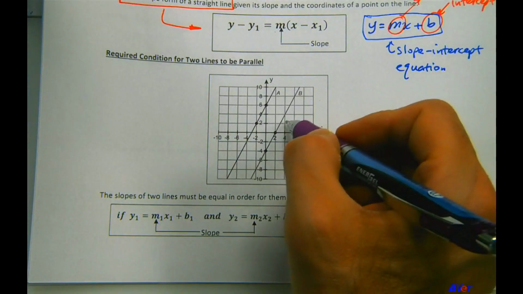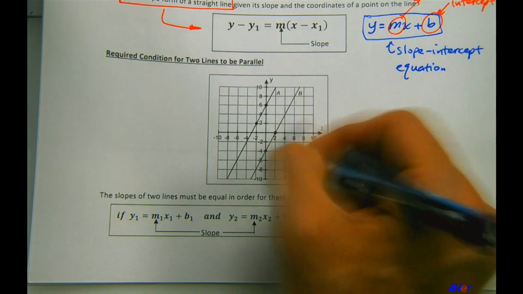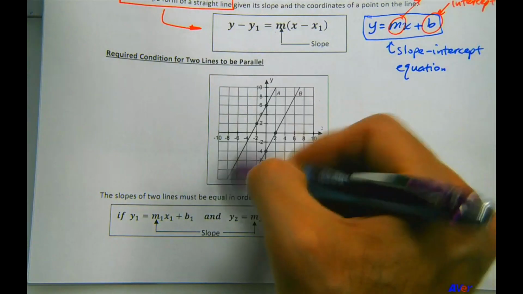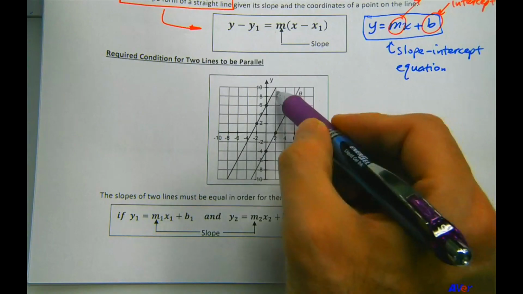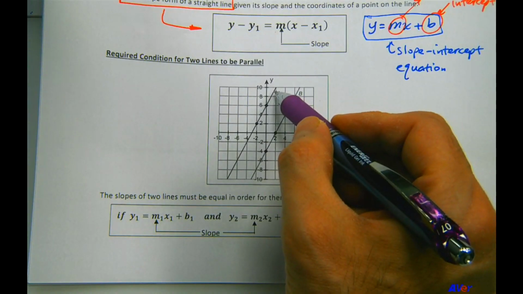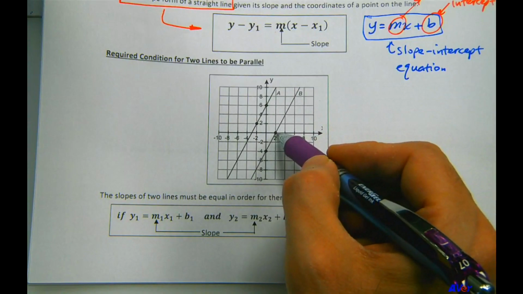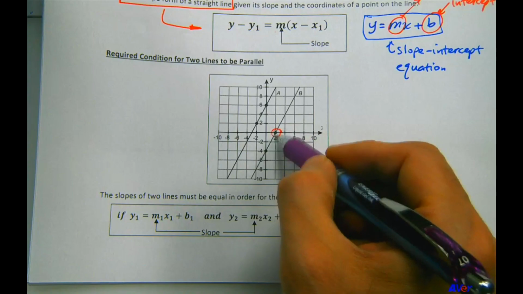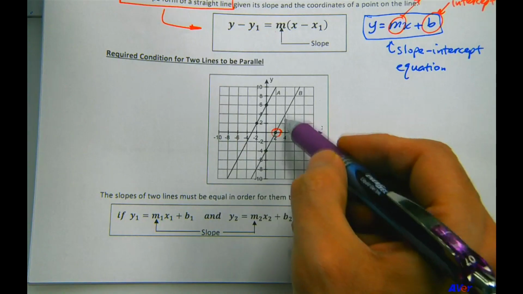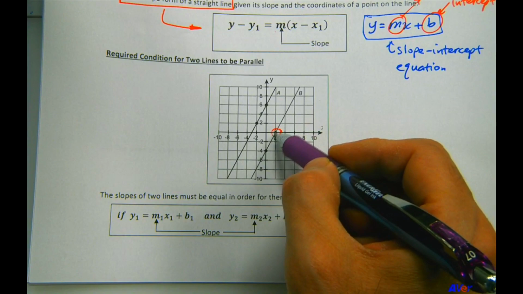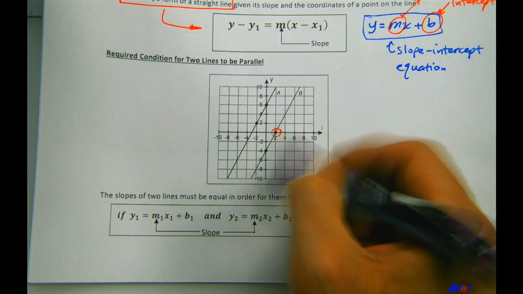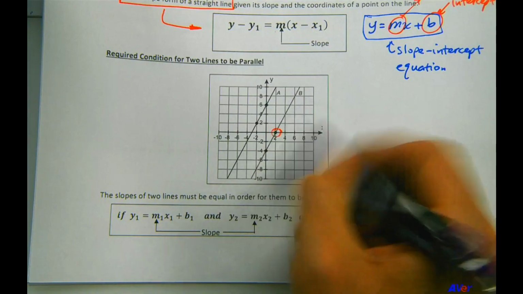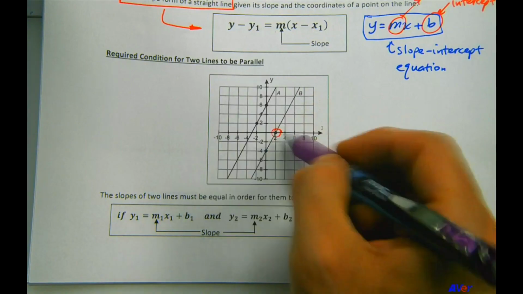So if this was a question, you would see something like this. Find the equation of a line that is parallel to A and that passes through the point 2, 0. That point. That's 2, 0. Right? Knowing that information about the point that the line passes through tells you that you're looking for that line. Not the one here, not the one here, not the one over there, that one.